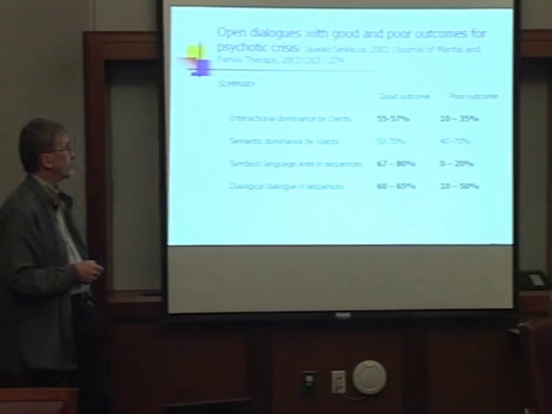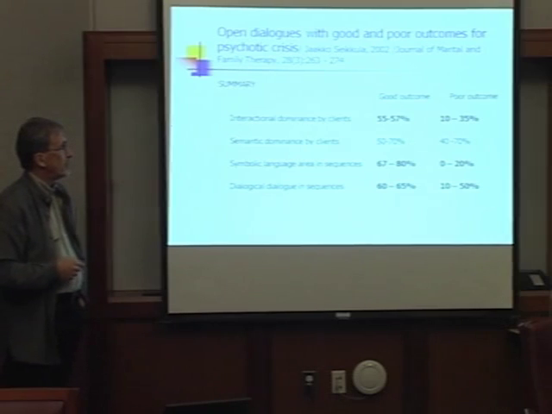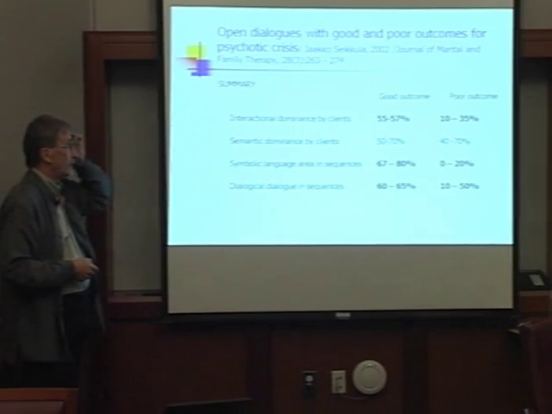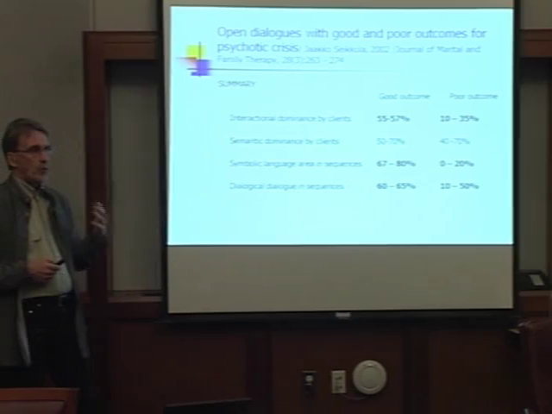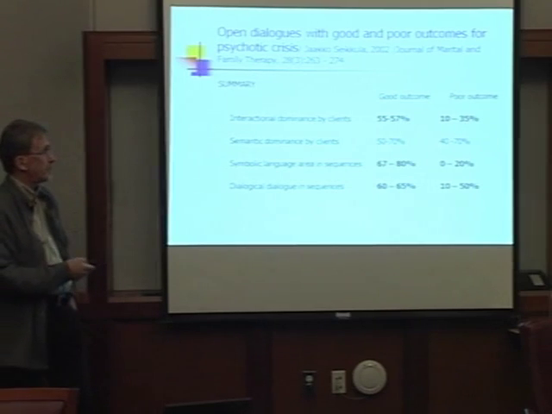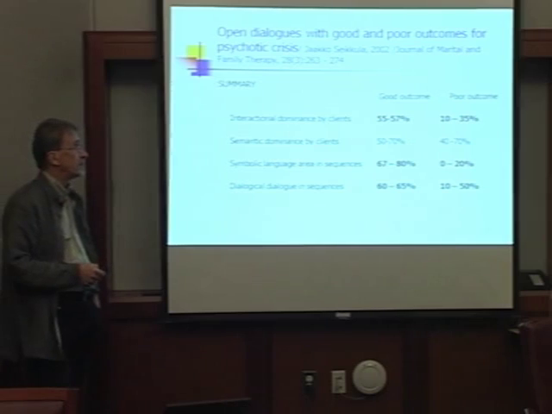We could see a concept that we call interactional dominance, which means how much the clients can take initiative in the way the dialogue is going on. And there seems to be a difference.